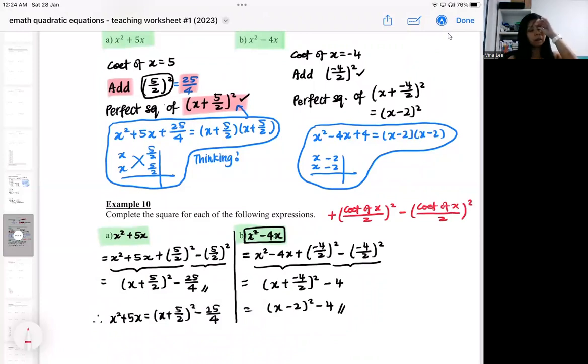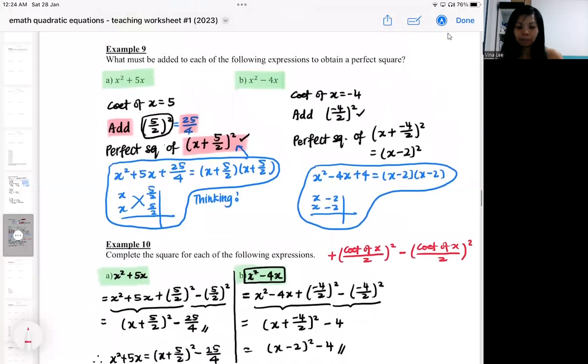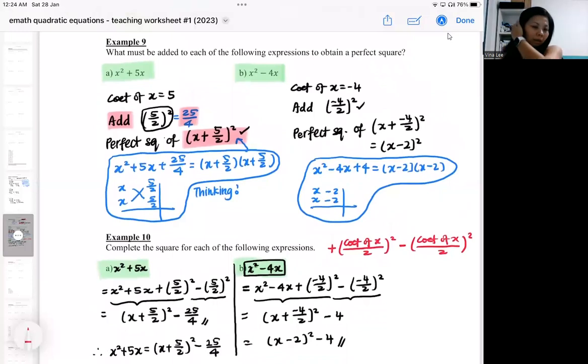Okay, if it's a bit confusing, what I suggest is you aim for the technical process. It's actually quite easy if you just follow the steps. Don't overthink the concept. You added something and then you minus something.